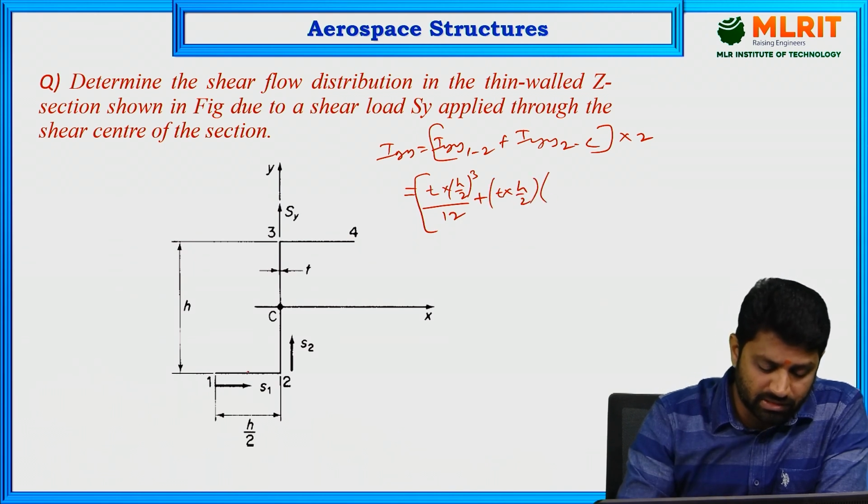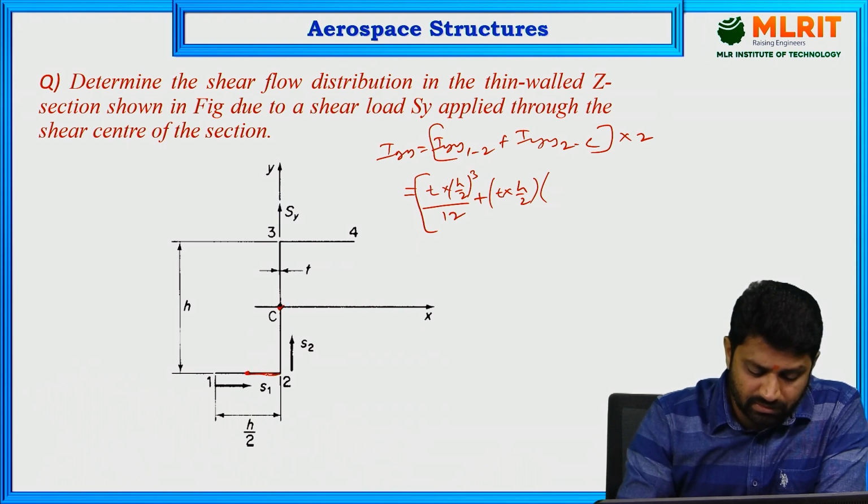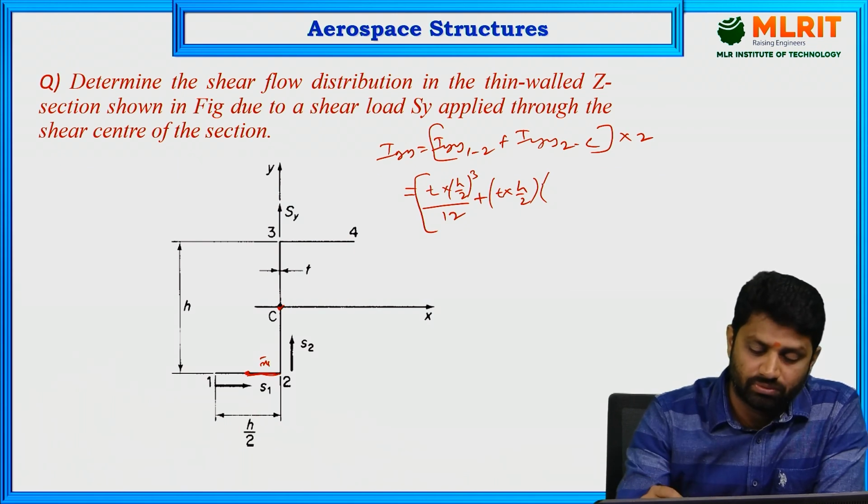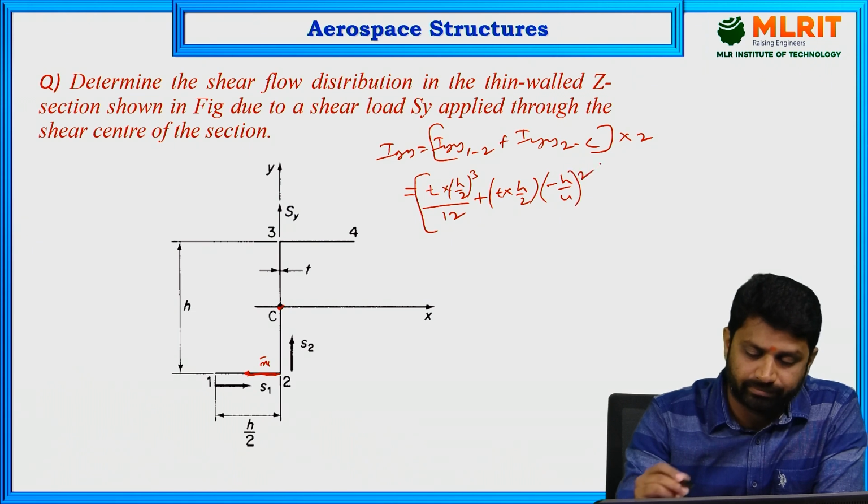Now what is x bar? The center of the first figure is here, the total figure center is here. So this is the distance x bar, which is minus h by 2 by 2, that is minus h by 4, whole square.